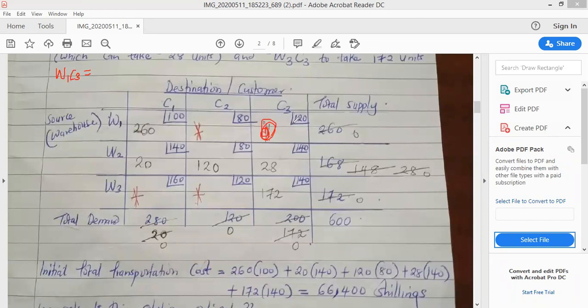We'll start from where the cell is, and as we go round, we can't use this stone here because it is empty, so we'll step on it. We'll move to the next stone, in this case the cell W1C2, we will use its unit price.